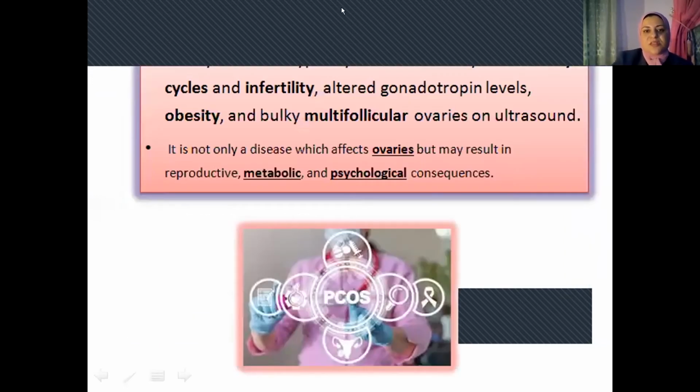This syndrome is typically characterized by anovulatory cycles and infertility, altered gonadotropin levels, obesity, and bulky multifollicular ovaries on ultrasound. It's not only a disease which affects the ovary, but may result in reproductive, metabolic, and psychological consequences.